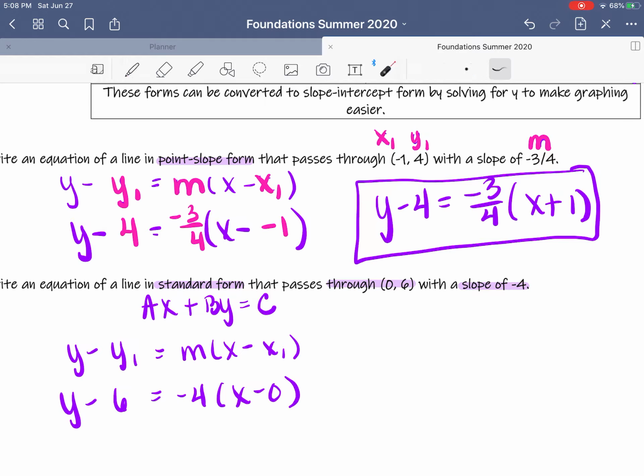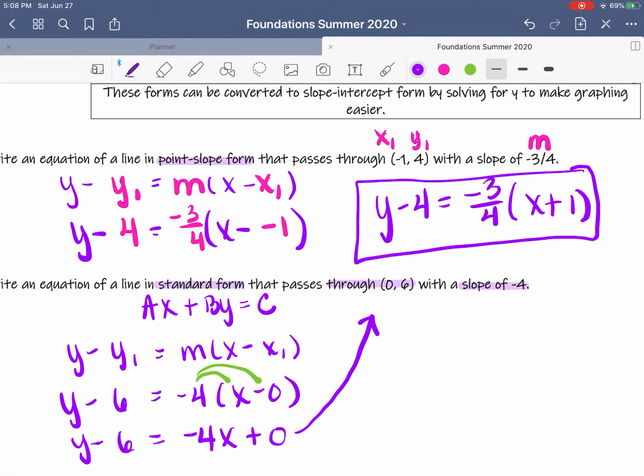There's no minus negatives, so I'm just going to leave it. But now I need to put it in standard form. To do that, I'm going to distribute -4 times x, -4 times 0. I'm going to continue up here.